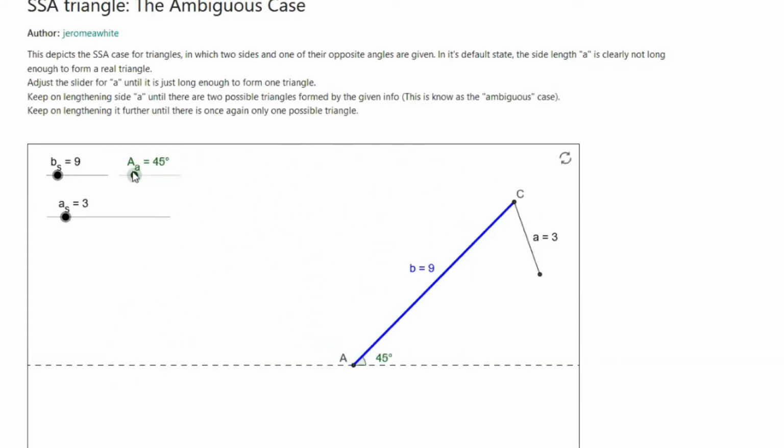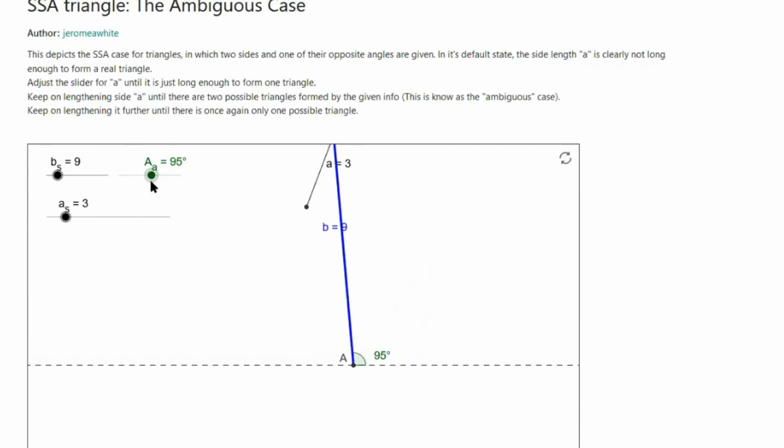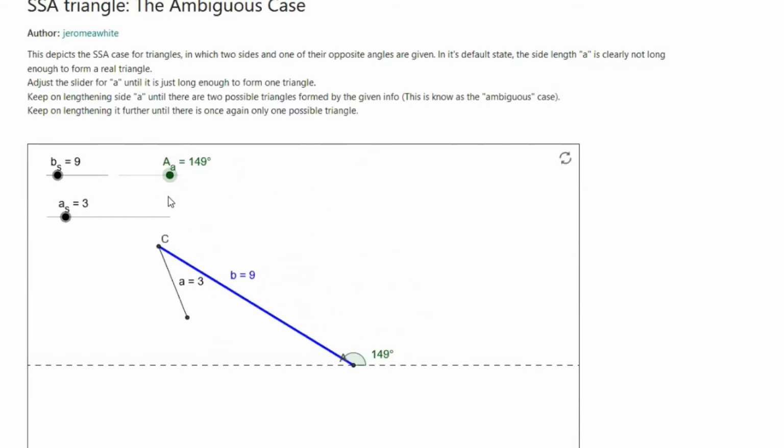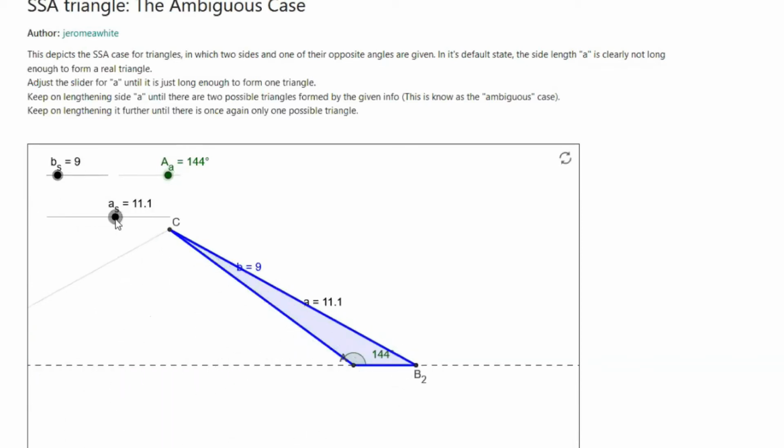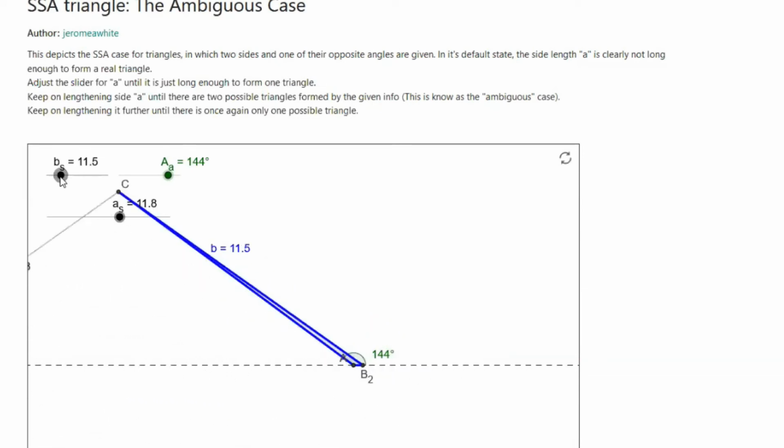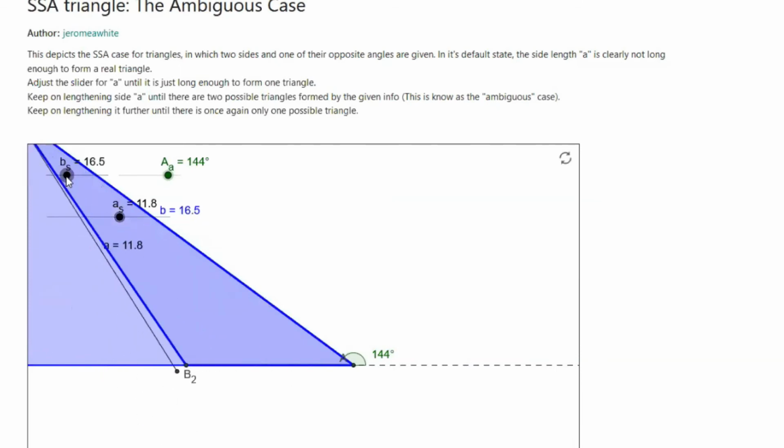Okay. So if I'm out here, there's only one way I can actually form a triangle, and that's for a to be longer. And notice, there we go. So once a is longer than b, then I get an actual triangle containing that angle. Okay. But if I'm less than that, then the angle is no longer in the triangle.